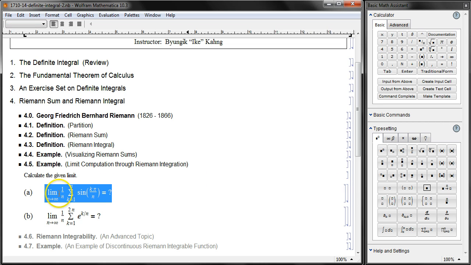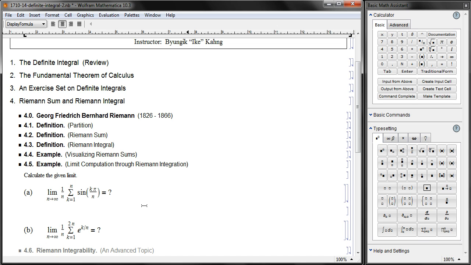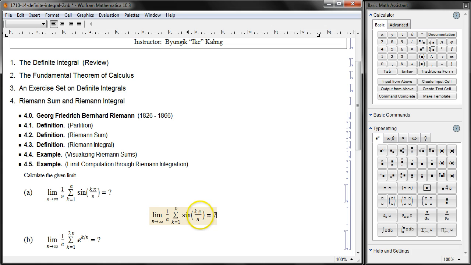How do you work it out? Well, first let's make this observation. This is equal to this if I change the order of multiplication. I just move this 1 over n to the right hand side. Okay, does it really help?